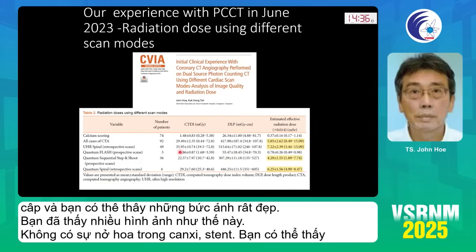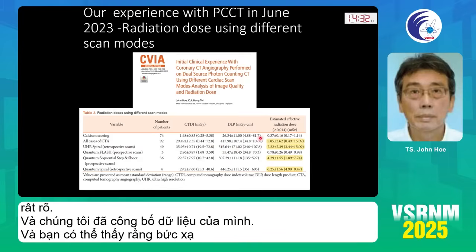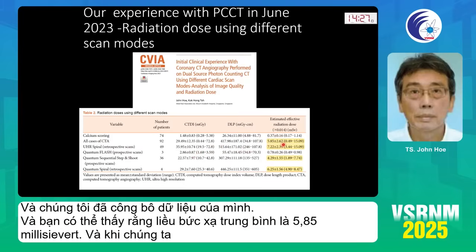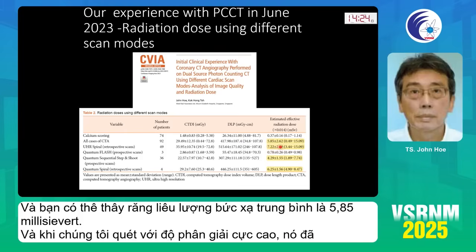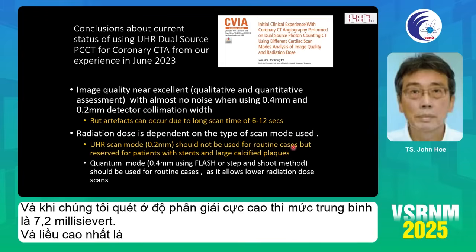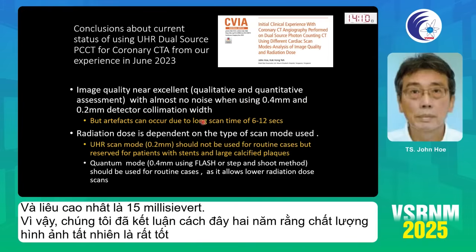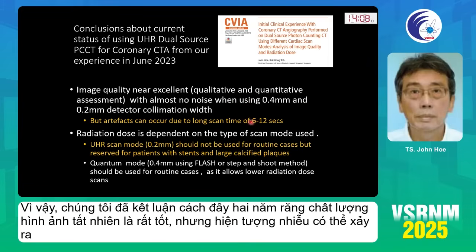And we published our data, and you can see that the radiation dose on average was 5.85 millisievert, and when we scanned with ultra high resolution, it was 7.2 millisievert on average, and the highest dose was 15 millisievert. So we concluded 2 years ago that the image quality, of course, is very good, but artifacts can occur because of the long scan times of 6 to 12 seconds, and the radiation dose depends on the type of scan mode.